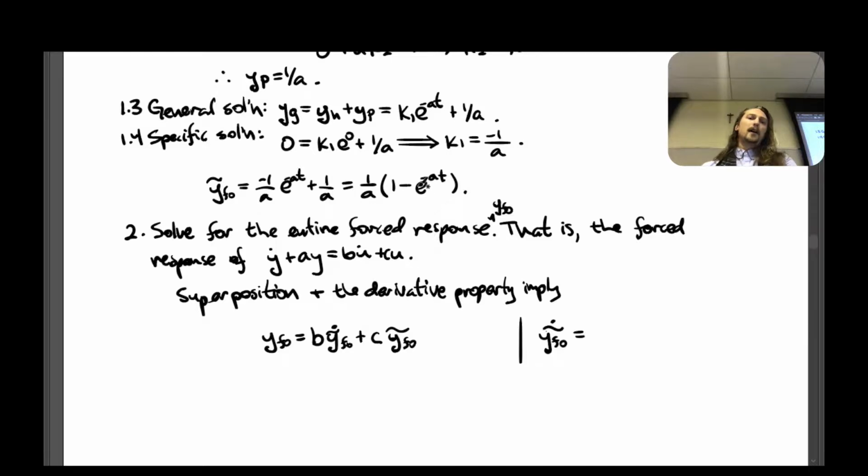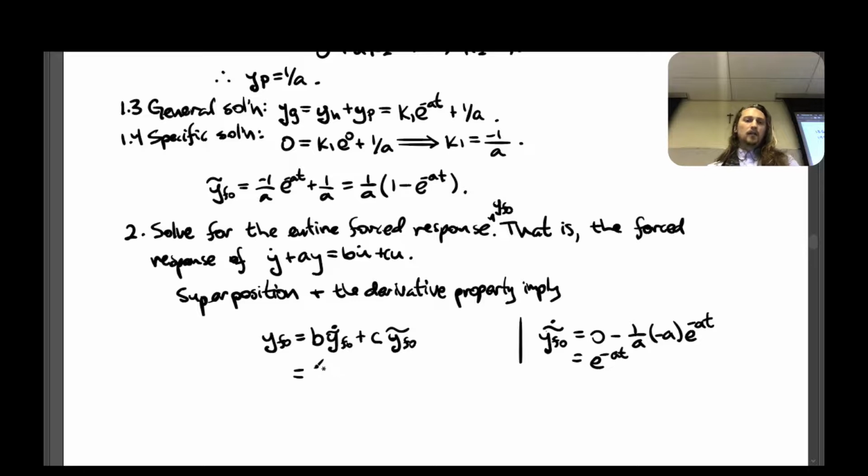Second term, we've got an exponential, which is minus 1 over a. Chain rule applies to the exponential. Derivative of e to the x is e to the x, but then you have the chain rule. So we have the inner derivative here being negative a, right? So that will multiply negative a and e to the minus a t, which is equal to, the negatives and the a's both effectively cancel, e to the minus a t.